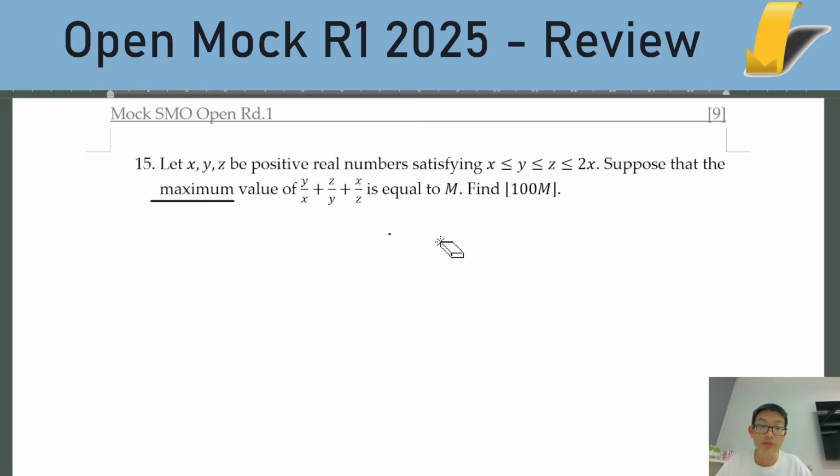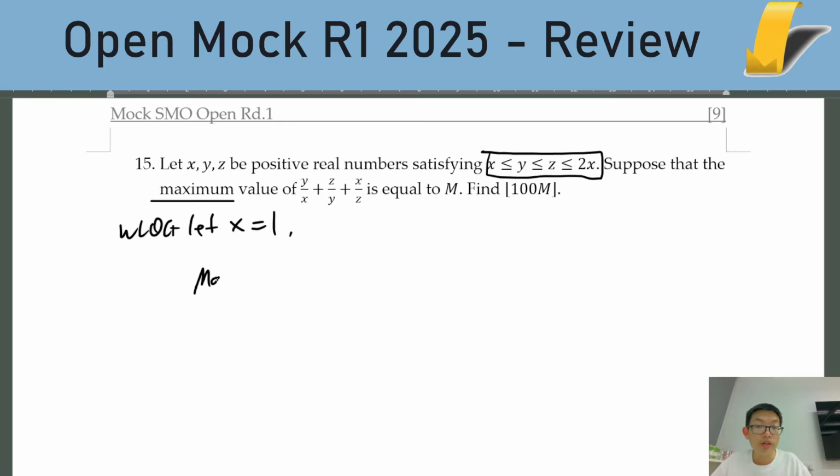And so this is the kind of question where you realize that the bound is very unusual. But because it's a ratio, I can just, without loss of generality, let x equal 1. Right? I can just scale it up and down.